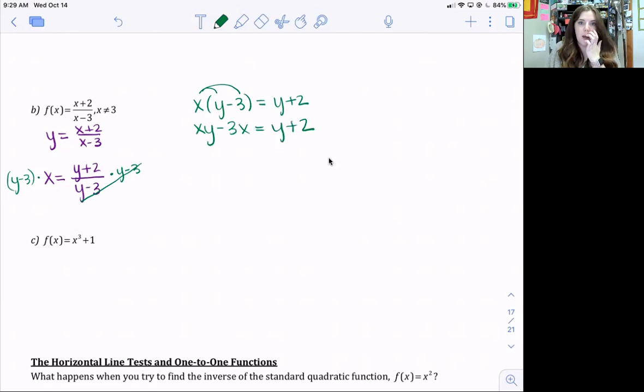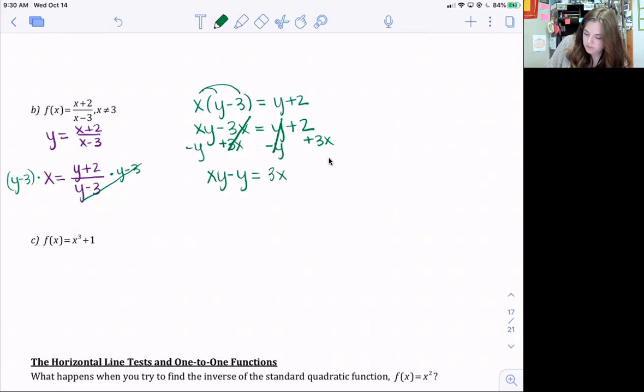To solve for y, we need to get the terms that have y in them to the same side. So I'm going to add the 3x to the other side and subtract the y to the left. Our 3x's cancel and our y's cancel. So we have xy minus y equals 3x plus 2.